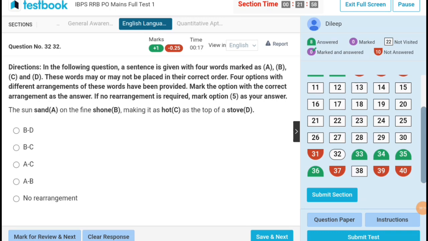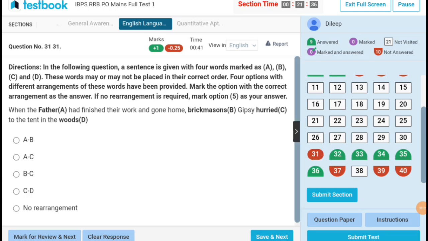Making it as a hot. The sun hot on the fine.